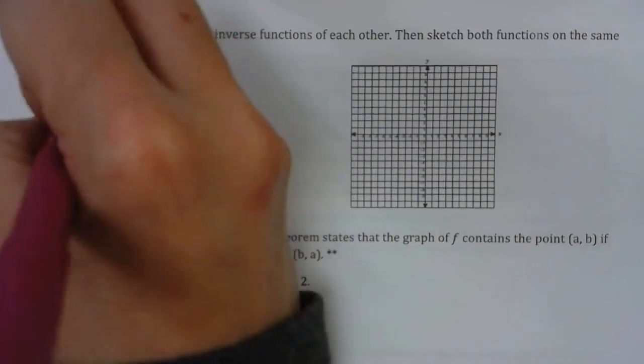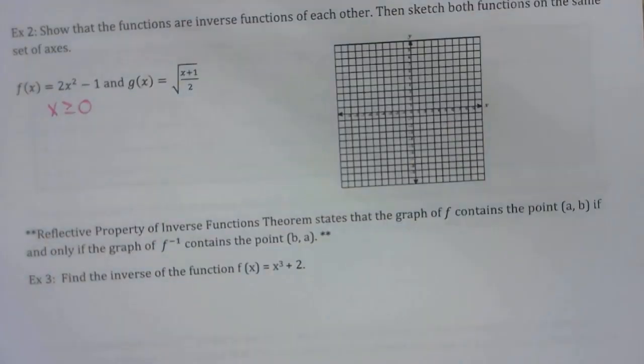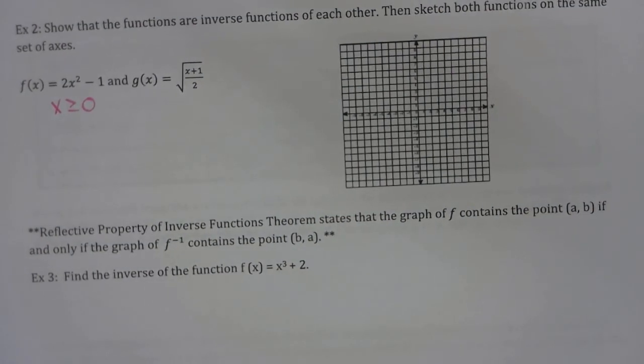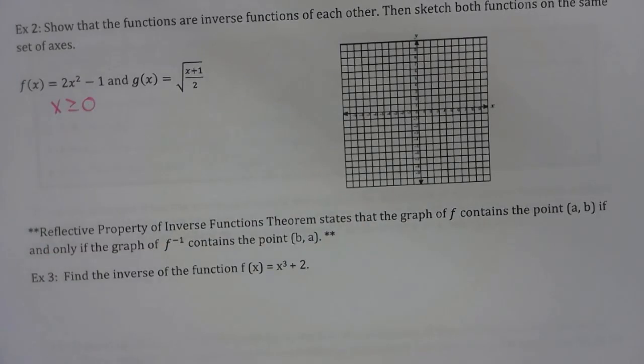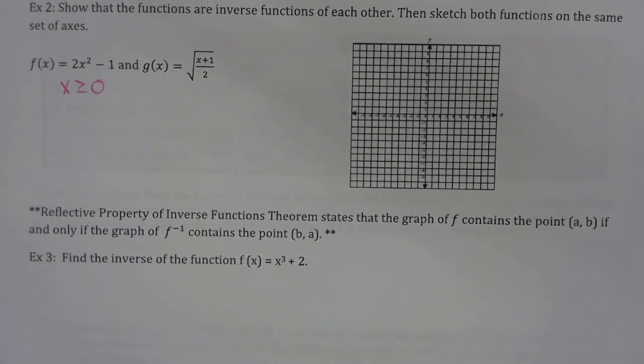Therefore, my domain of x squared has to be x values greater than or equal to 0. Now in this case, because it is shifted down 1, that does not affect my domain. If it was shifted horizontally left or right, then it would affect the domain.